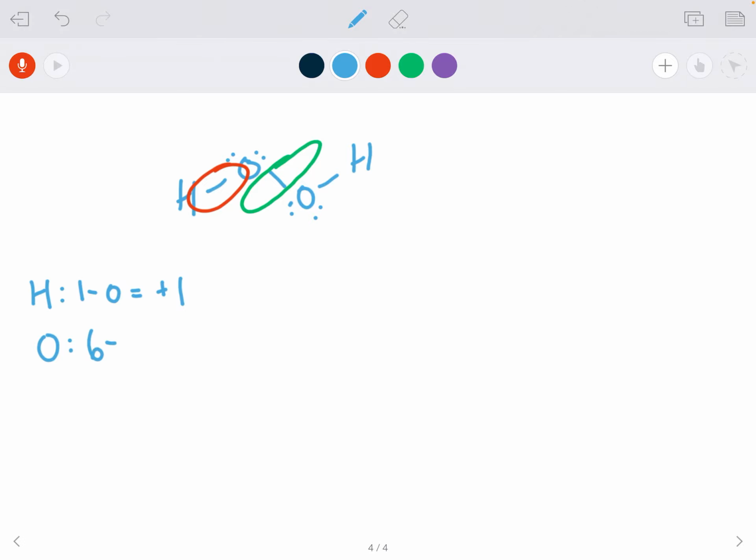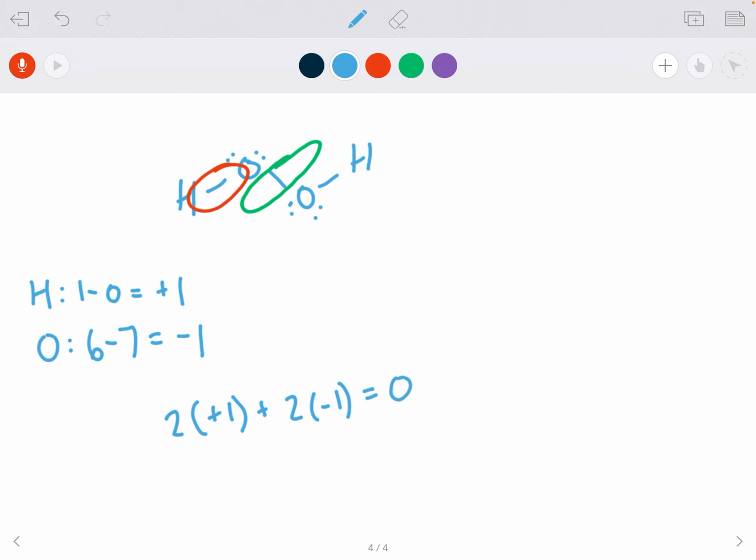So that means it's 6 valence electrons minus 7 assigned to give minus 1, not minus 2. And if we add these all up again, 2 times plus 1 plus 2 times minus 1 equals 0.